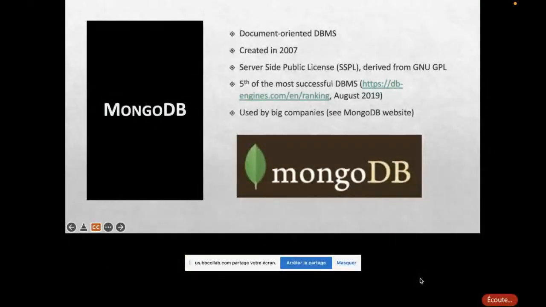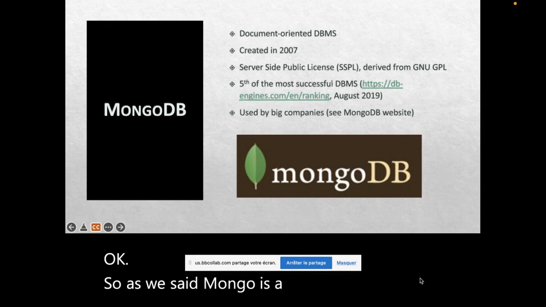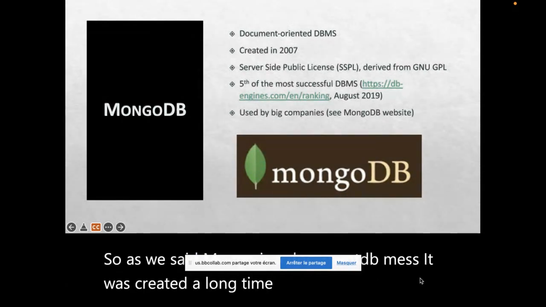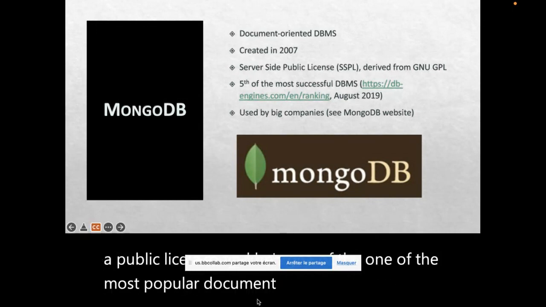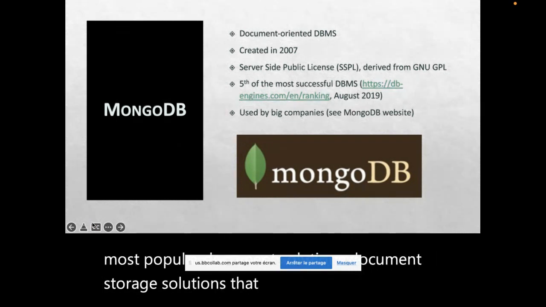Okay. As we said, Mongo is a document DBMS. It was created a long time ago, in 2007. It provides public licenses and is one of the most popular document storage solutions on the market today.